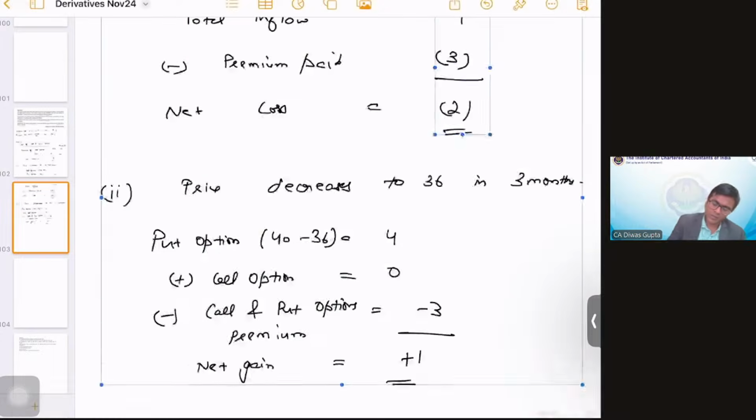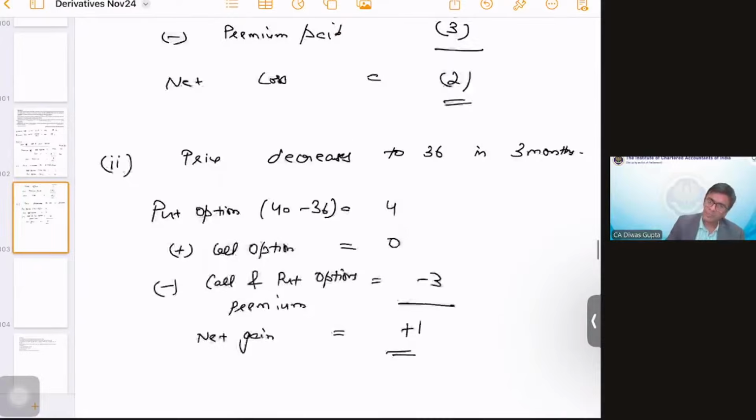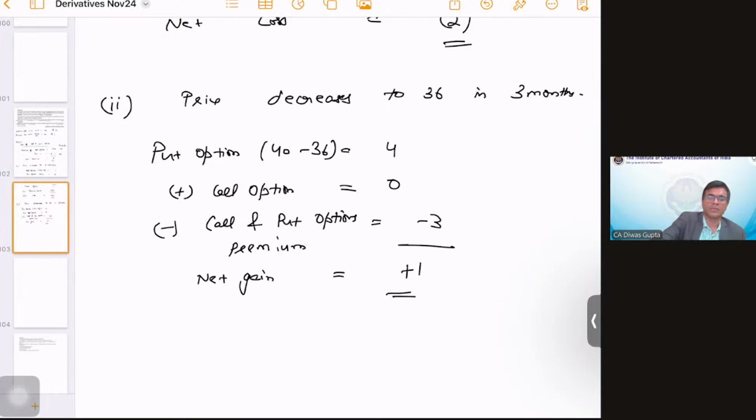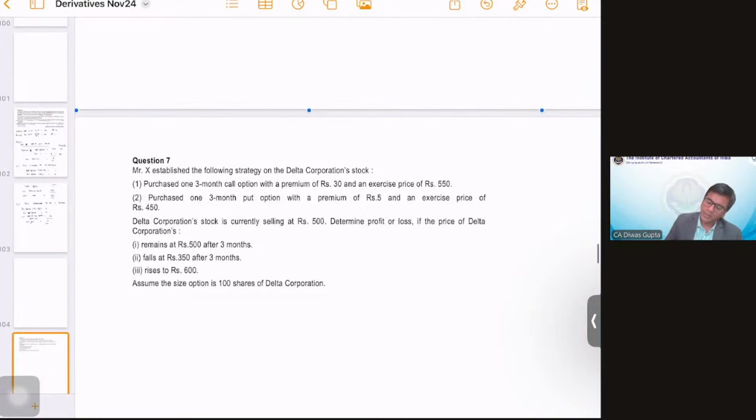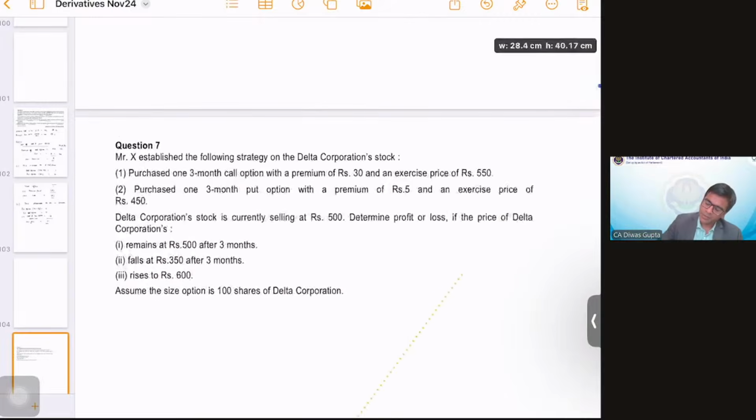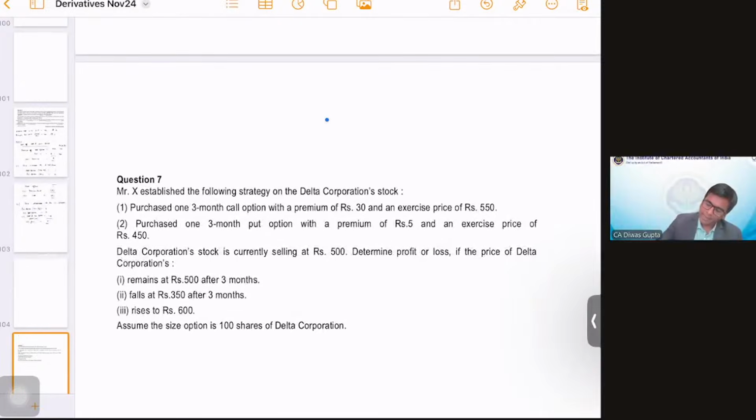Clear, students? Although this question initially was indicating a binomial model, since the question later asks things for which we never need to calculate the premium, it is solved on this basis. Okay, now the next part, question number 7, students.